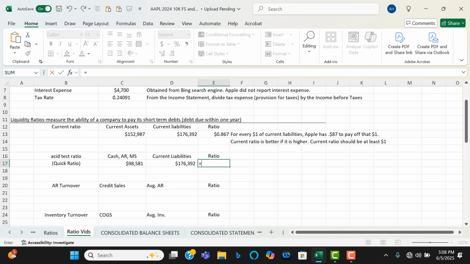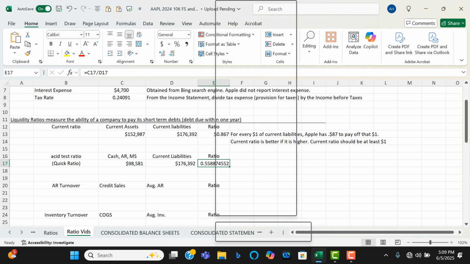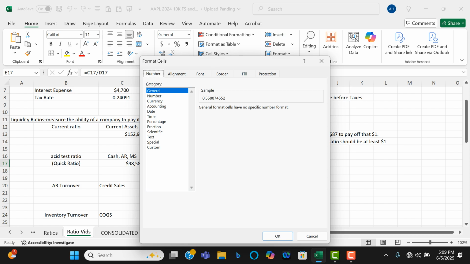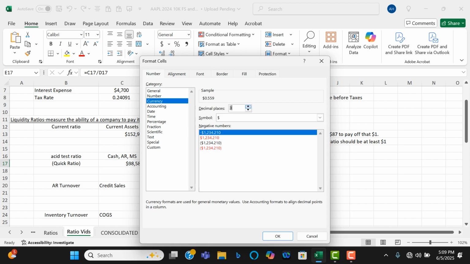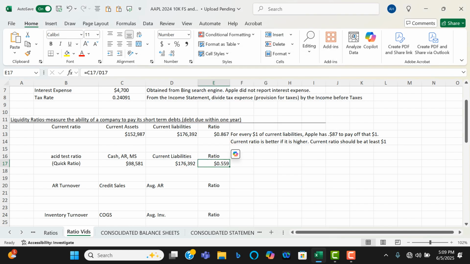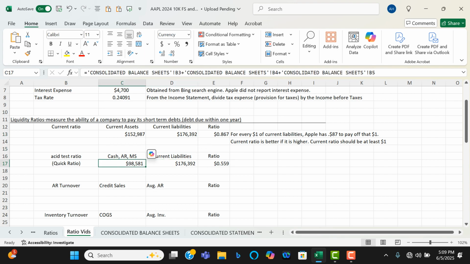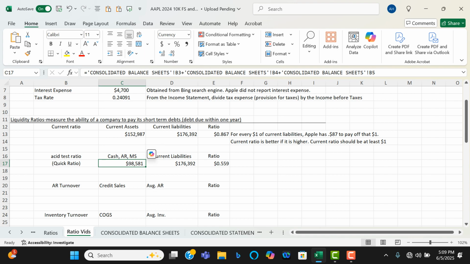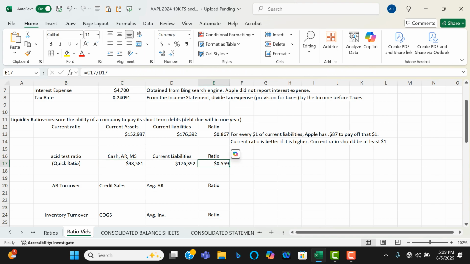Okay, and let's see what ratio you get. 58 cents, and this makes sense because for the quick ratio they only include some. The denominator is the same, but the numerator is different. So we leave out many of the current assets in the quick ratio. So obviously the ratio is going to be less.